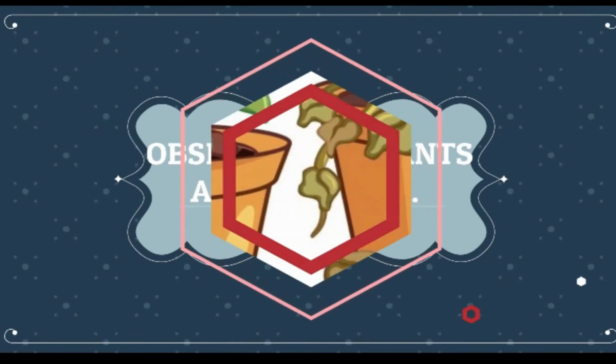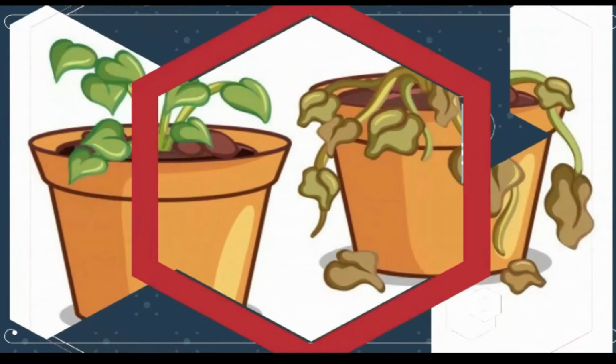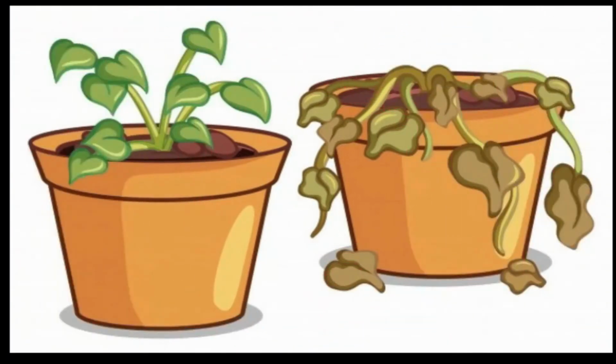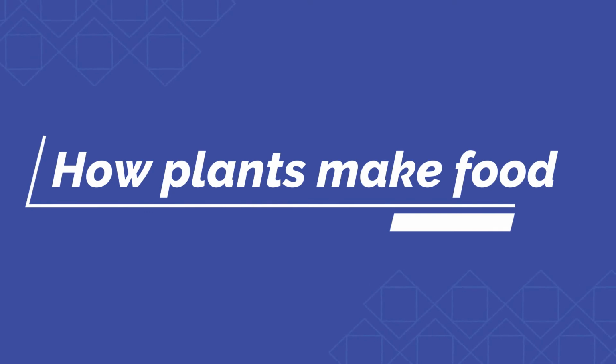The plant which was watered daily will grow healthy, and the second plant will become weak and it will die as it was not given any water. So children, by this experiment, we understood that plants are living things and they need food to live. Okay, today let us know how plants make food.